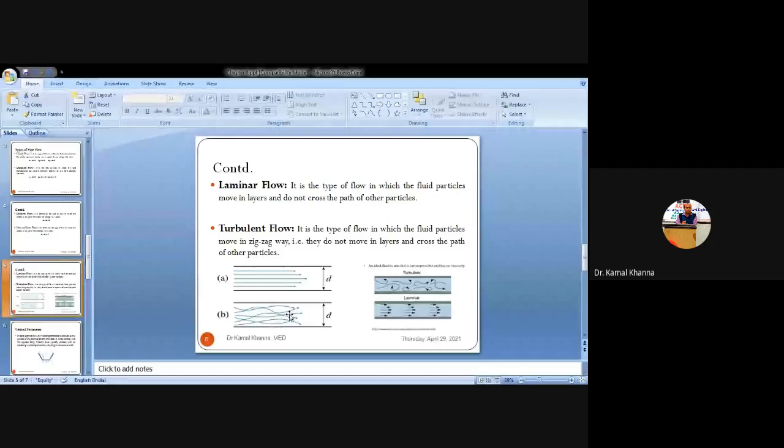And whenever there is no rainy season, there is a sunny day, and the canal is moving at a constant speed, then that flow is called a laminar flow. This is the type of flow in which the fluid particles are moving in parallel layers, and they are not crossing the path of the other particles.